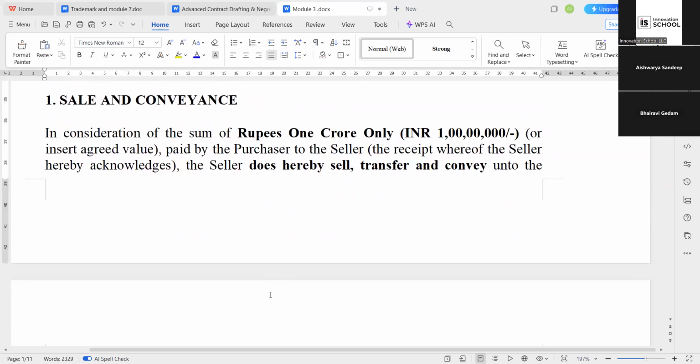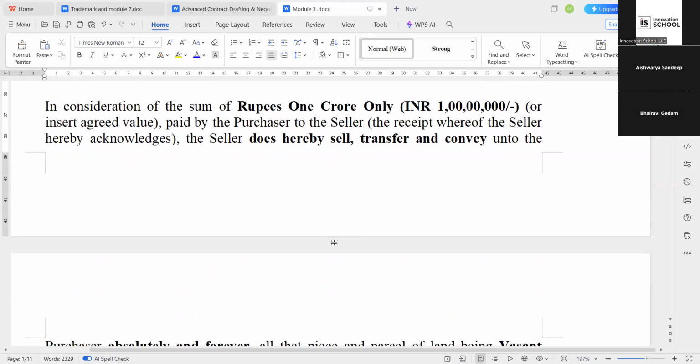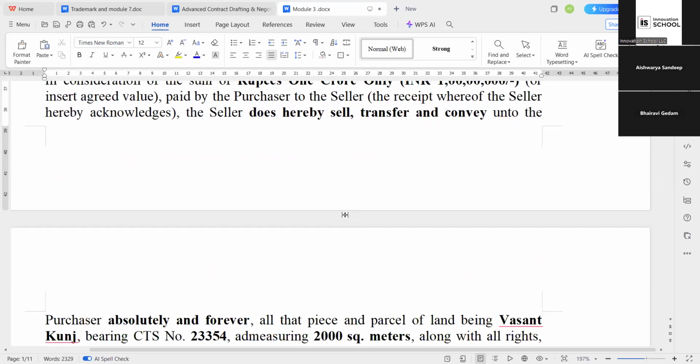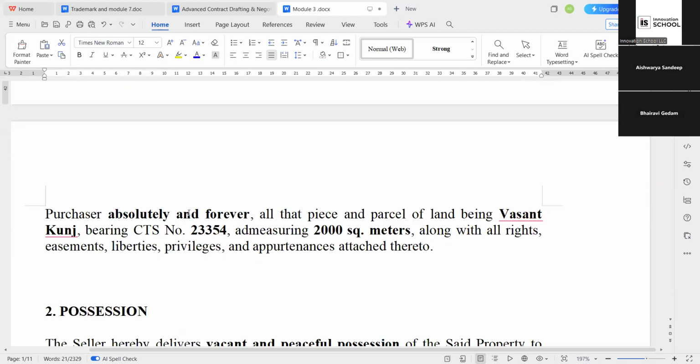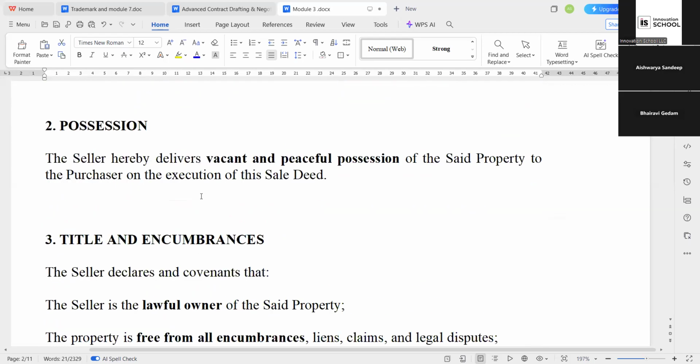So you're selling it to the purchaser for 1 crore rupees, and he's also transferring his right, title, and interest absolutely and forever. Okay, he's not doing it for a certain duration of time, he is doing it forever.